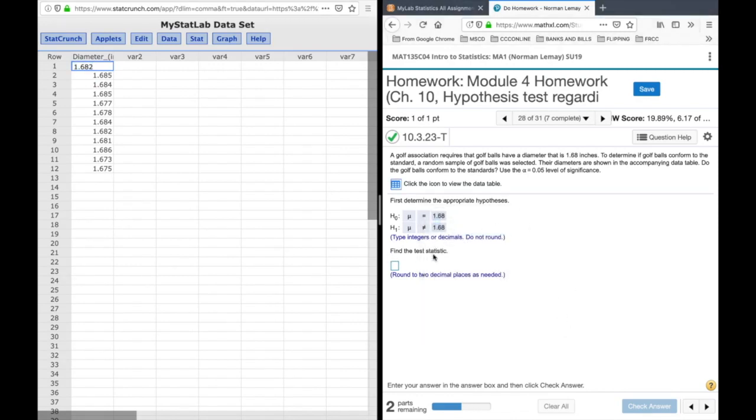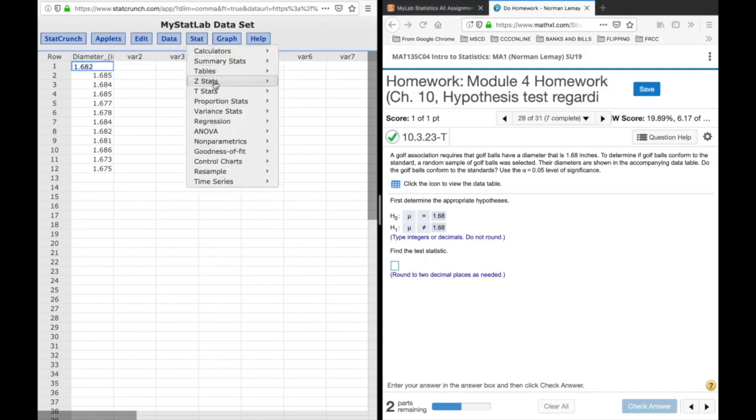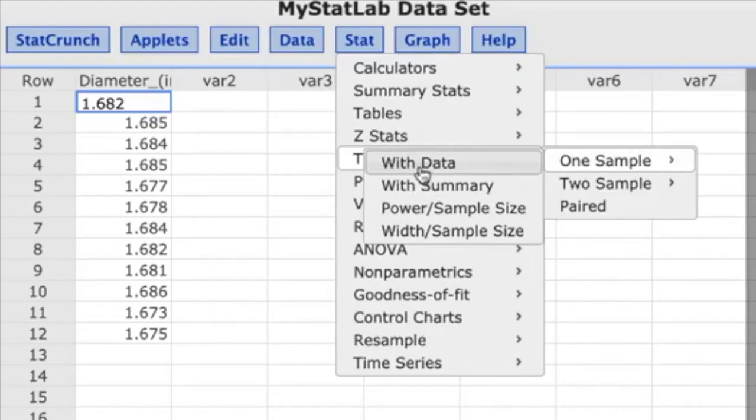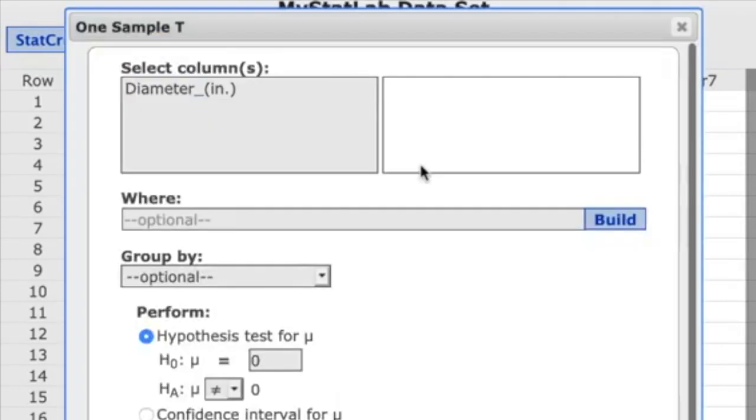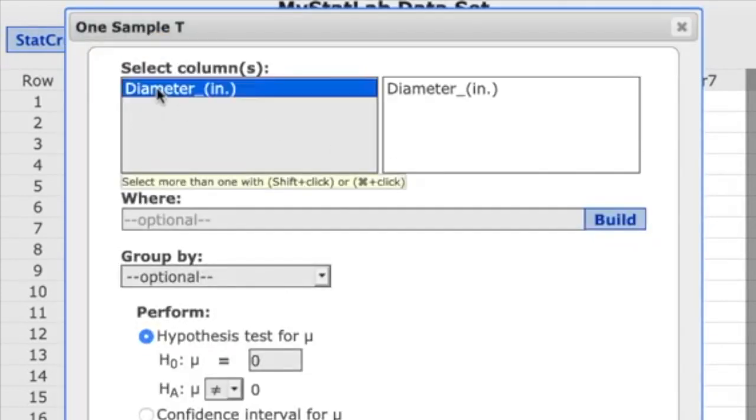So that test statistic now. Let's go ahead and come over here to Stat. We are doing T statistics, one sample, and in this case we've got data, so we need to make sure we choose data. Here we'll choose our diameter. There's our data set.